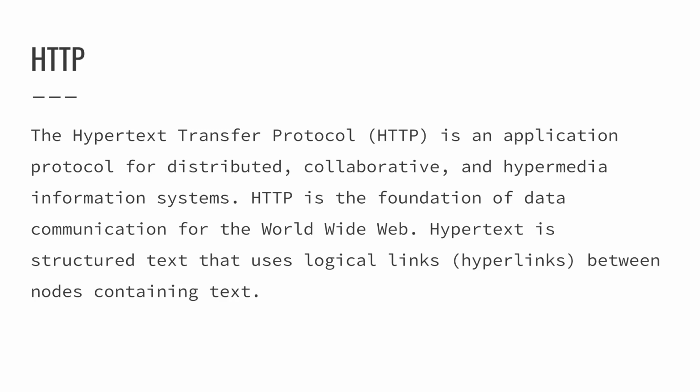But in our case, we need to think about HTML because we're going to use HTML. But XML could also be valid. JSON could also be valid. So he's talking about structured text in general because there are many different structured texts.